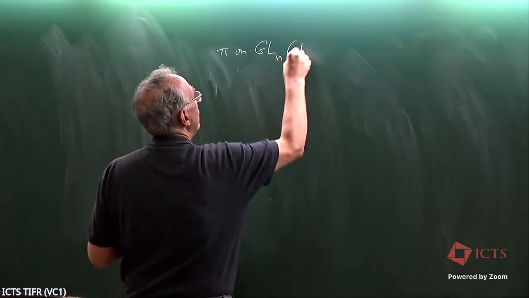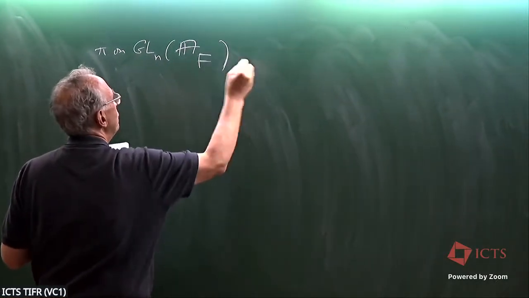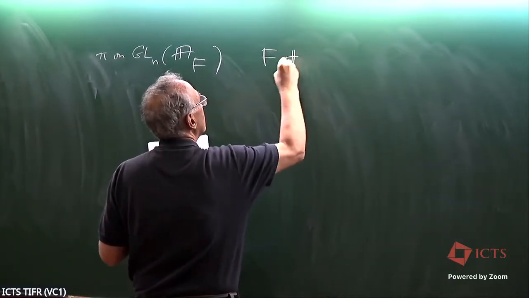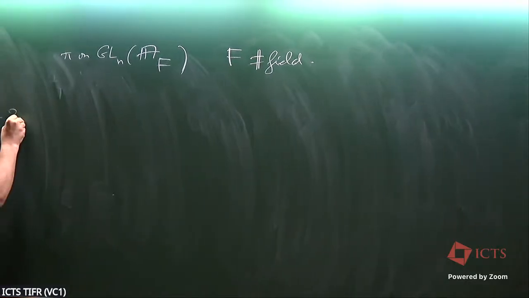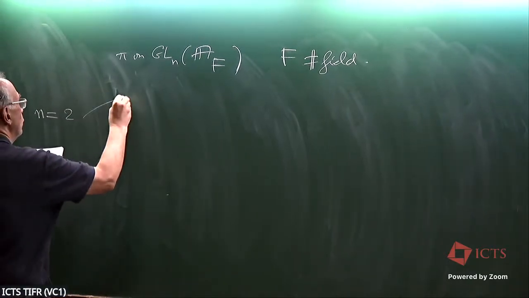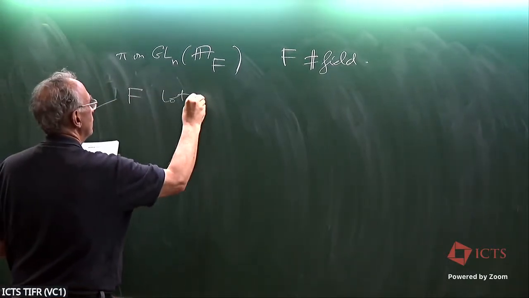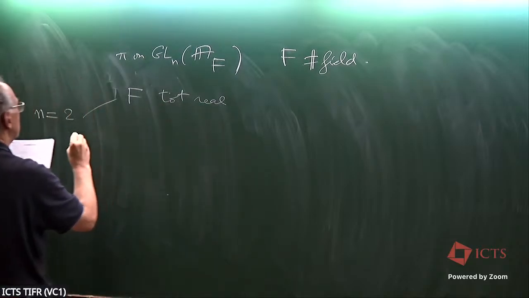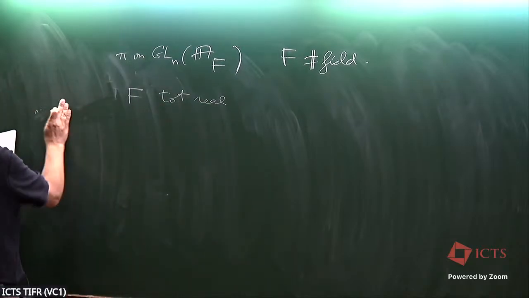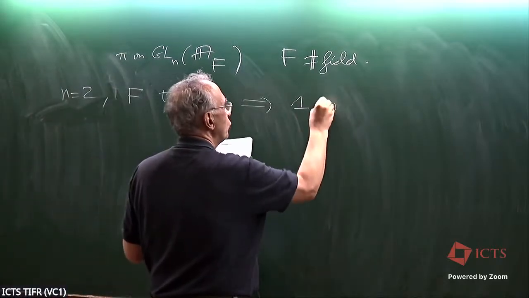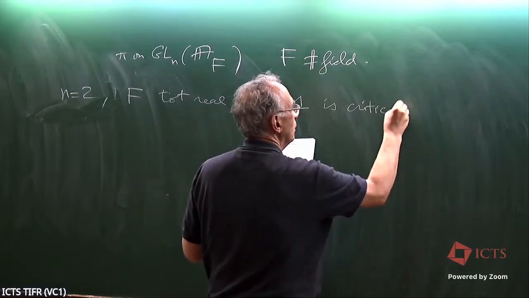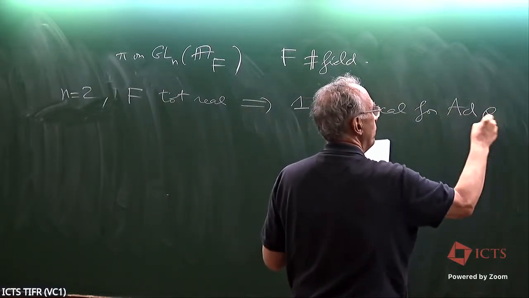So we consider pi on GLn of A_F, F is a number field. And actually, if n equals 2 and F is totally real, we will have 1 is critical for adjoint rho pi.